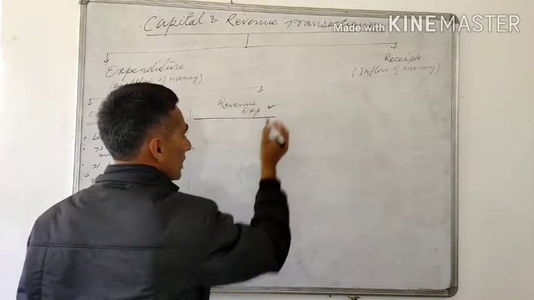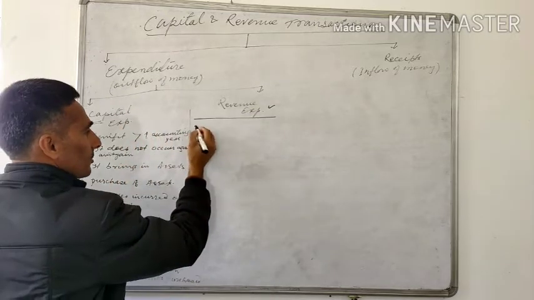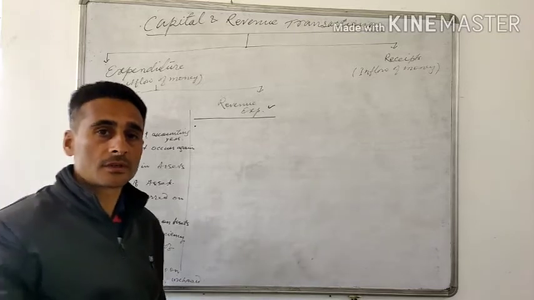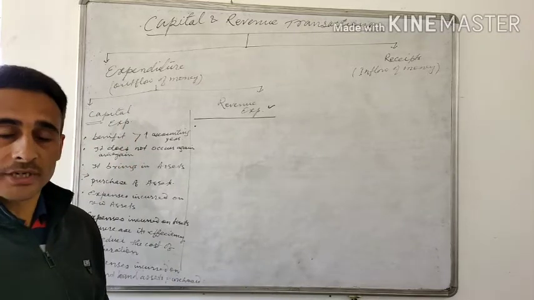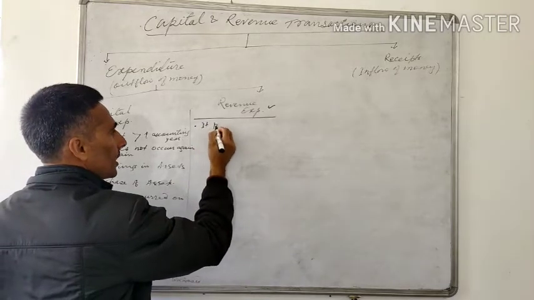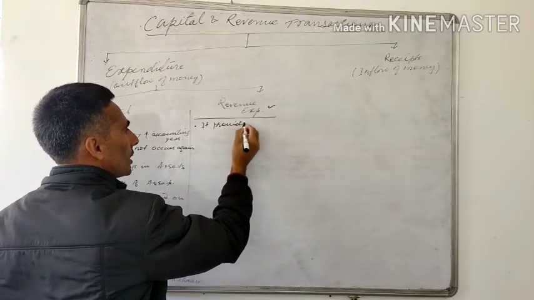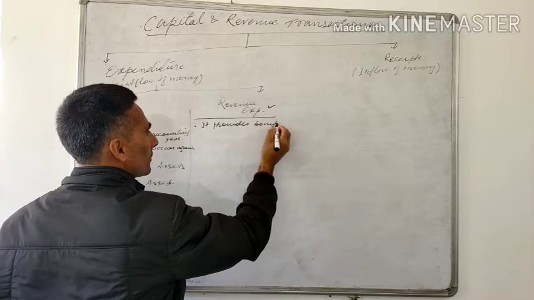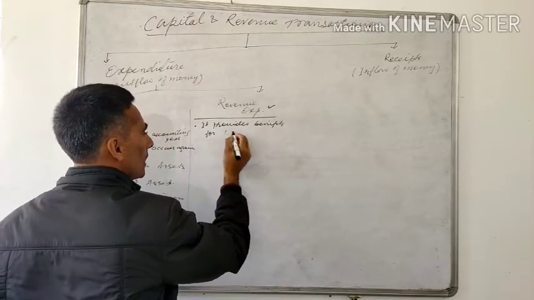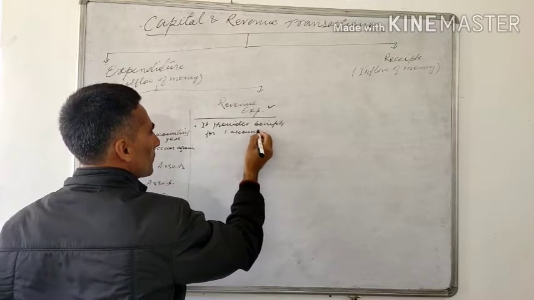Understand this part. What is the revenue expenditure? The expenditure which provides benefit for one accounting period will be termed as a revenue expenditure. So it provides benefit or service for one accounting year.